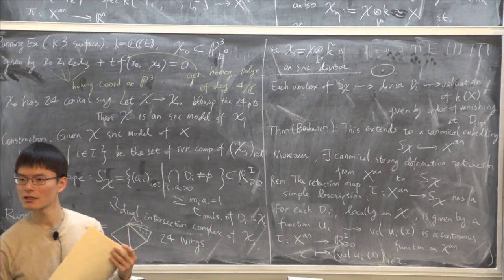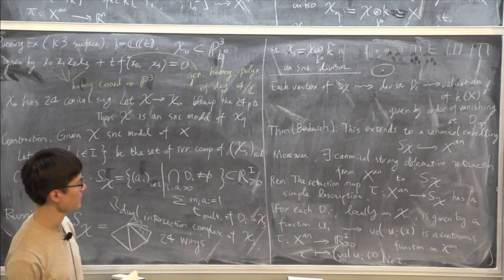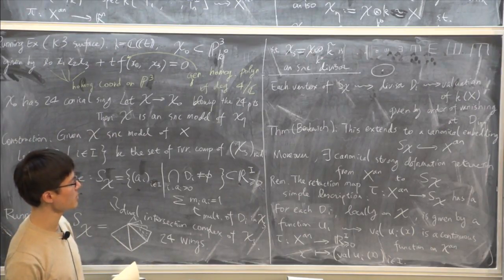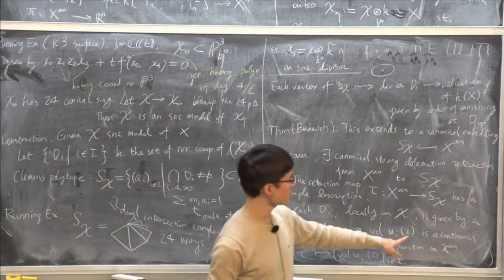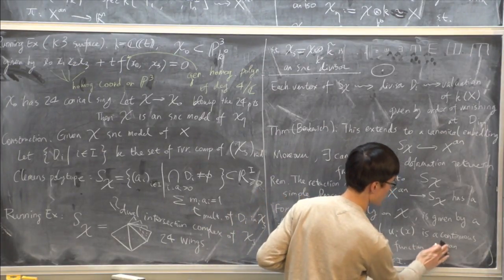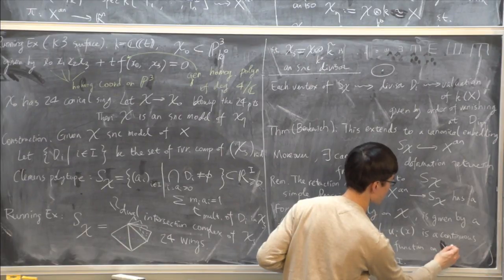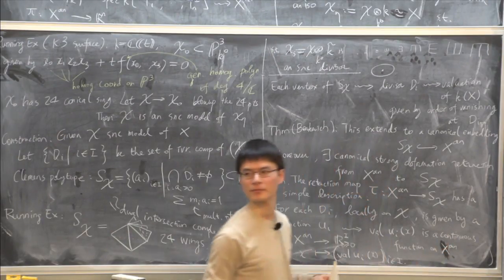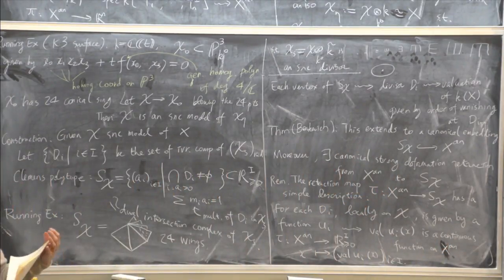If I take the point x to be on the divisor... No, x is a point on the analytic space, which contains at least the generic fiber. So basically, you have this variety over C double curly bracket T.